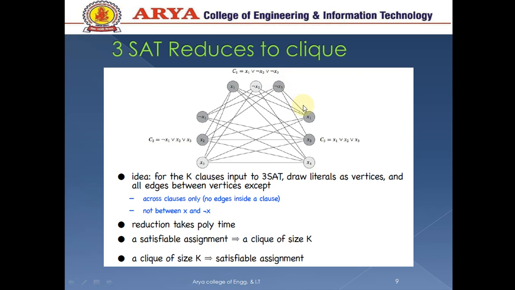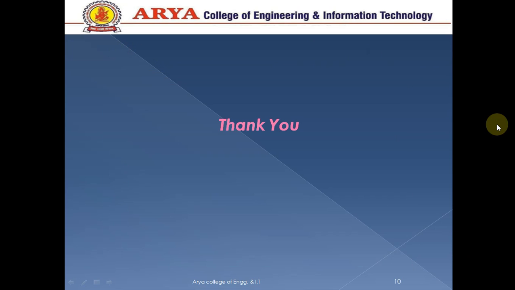If we have some verifiable value for this and we get the value 1, or true, in polynomial time, then we can say that this is an NP problem. So we can do this reduction step in polynomial time. If there is a satisfiable assignment, that is a clique of size k, found in polynomial time, then we can easily say that the 3-SAT problem reduces to the clique problem.